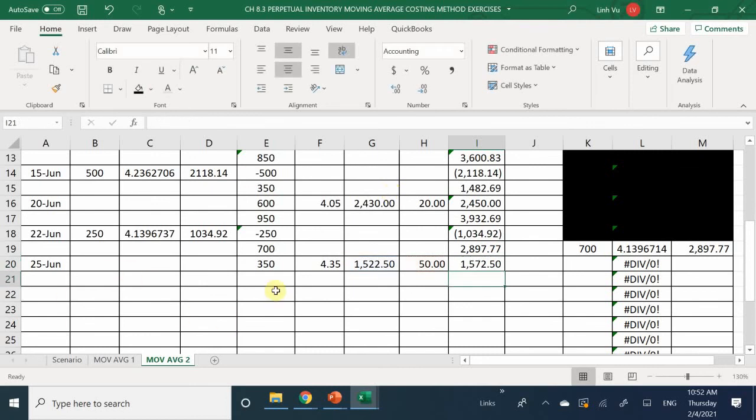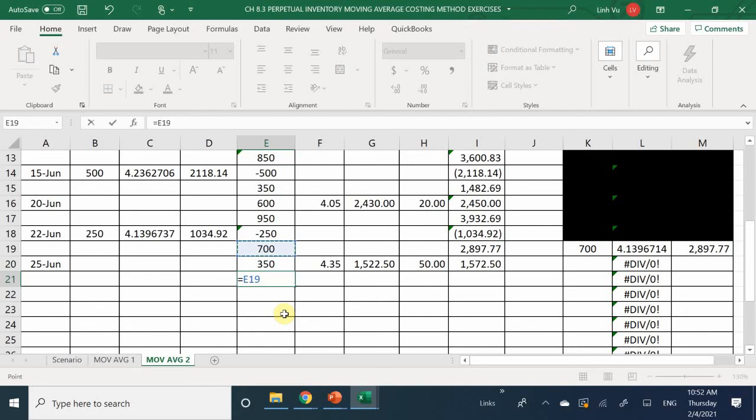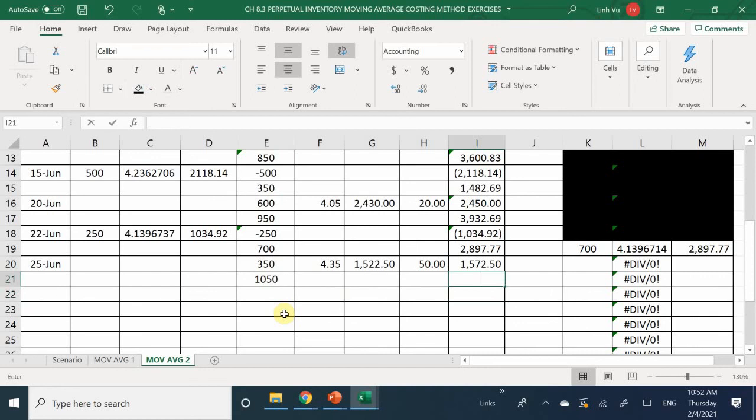And then lastly, let's go ahead and add up our numbers. If we had originally 700 items and we added another 350, you should have 1050. Adding those two amounts together, we should have 4,470.27.